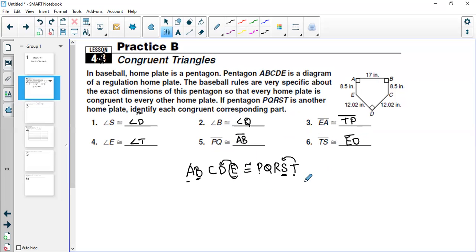The same order which they are asking, just follow that. Don't get confused even if you have any quizzes and the order changes. For example, if they ask the corresponding part for TS, it should be ED. You cannot write DE, it will be wrong. So you need to keep that in mind. You have to follow the same order in which they're asking the question.